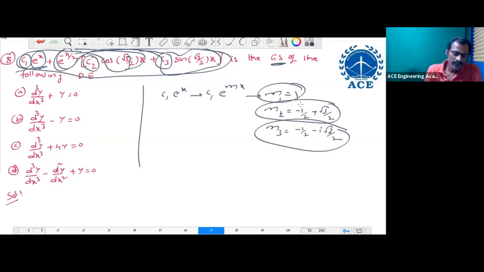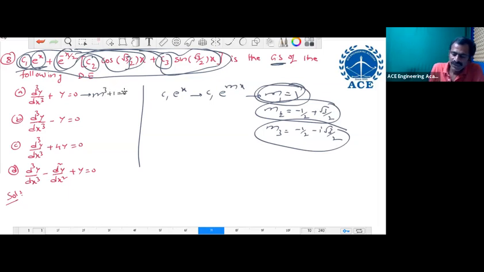Using one of the roots, if it is possible to choose the answer, we can choose by verification. Whenever these are the roots of the auxiliary equation of the differential equation, the equation should be satisfied by them. That is, we try for the first root only, m equal to 1. For the first option, the auxiliary equation is m cube plus 1 equal to 0 only.